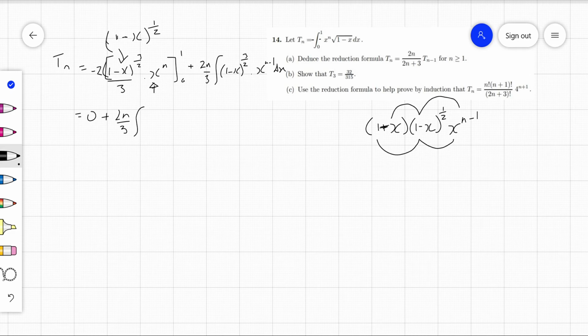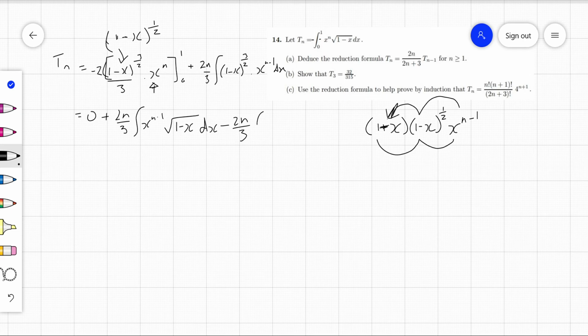So I can break it up into 2 integrals then. So then I'll get x, they're both going to have x to the n minus 1, and I'm just going to have the square root 1, and then I'm going to have minus, because I've got minus x here, this one.